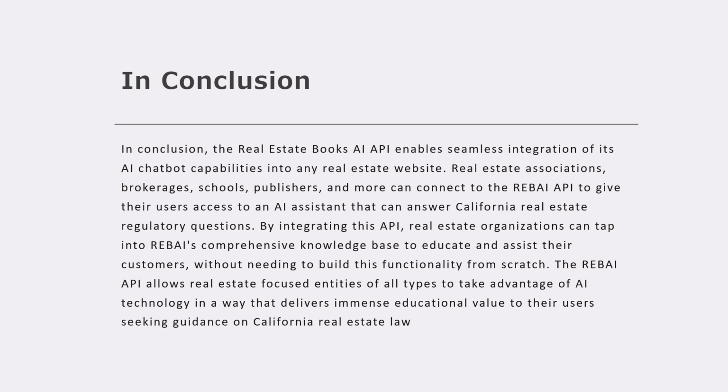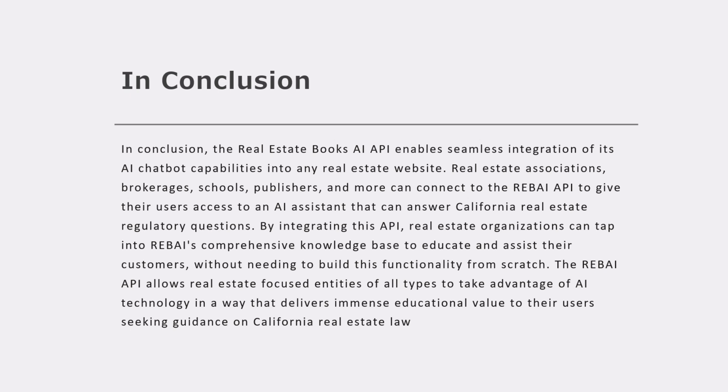So, in conclusion, the Real Estate Books AI API enables seamless integration of its AI chatbot capabilities into any real estate website. Real estate associations, brokerages, schools, publishers, and more can connect to the Real Estate Books AI API to give their users access to an AI assistant that can answer California real estate regulatory questions.